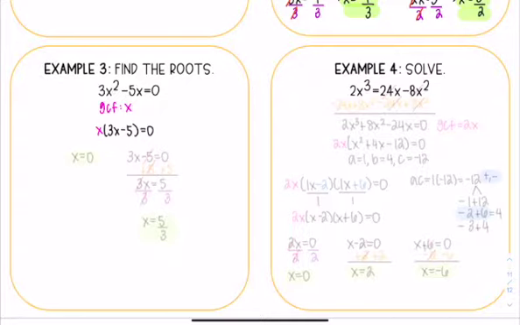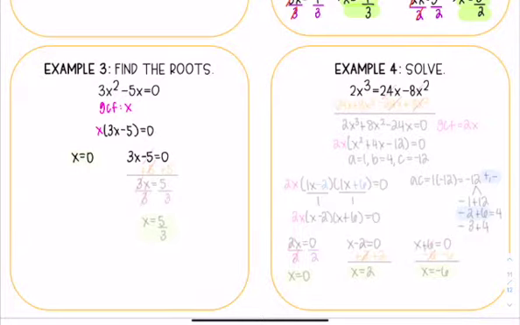Now I can't simplify 3x minus 5 anymore. So what I want to do is I'm going to set each piece equal to 0, and that includes the x that we pulled out. So x equals 0 would be a solution, and 3x minus 5 equals 0.